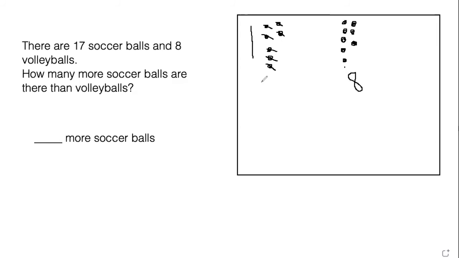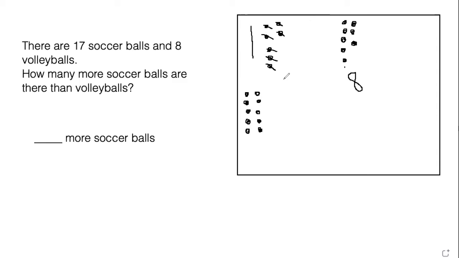So what we can do is we can take away 1 from this group of 10. If we show this 10 by making ones, 1, 2, 3, 4, 5, 6, 7, 8, 9, 10.